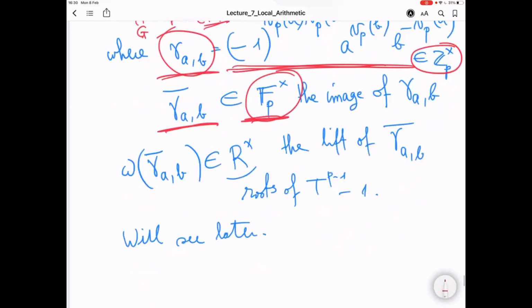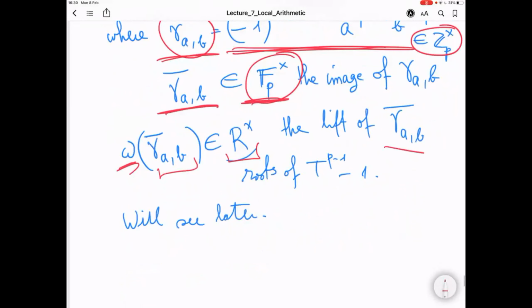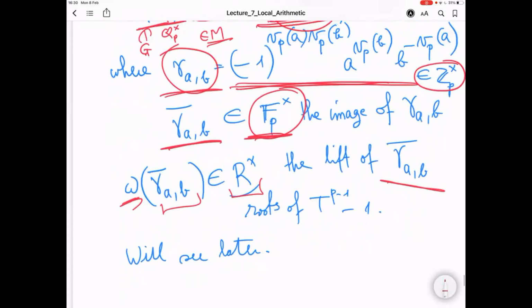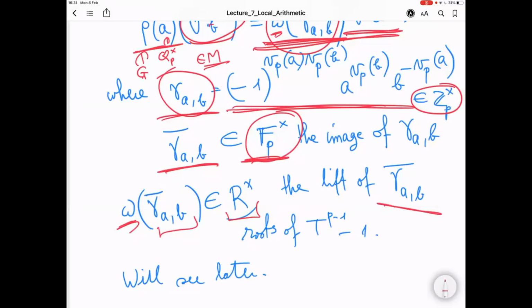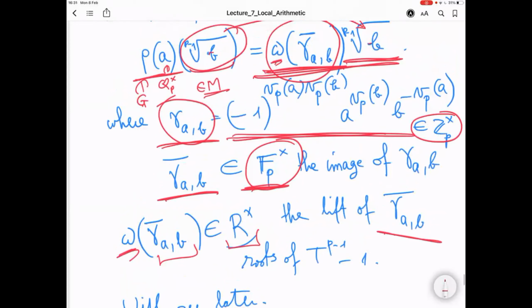And then every element of F_p star has a lift omega of that element, which is in R star. So that's a lift, and this is how G acts on M.